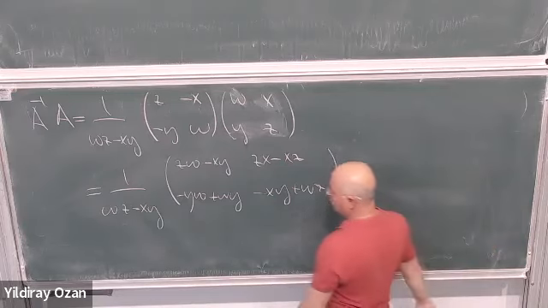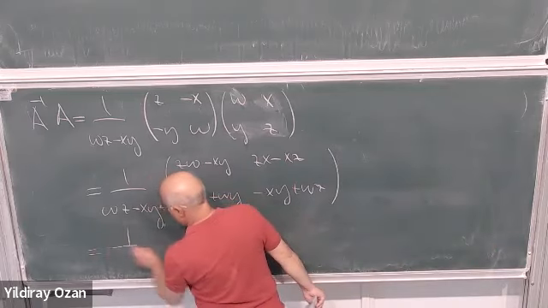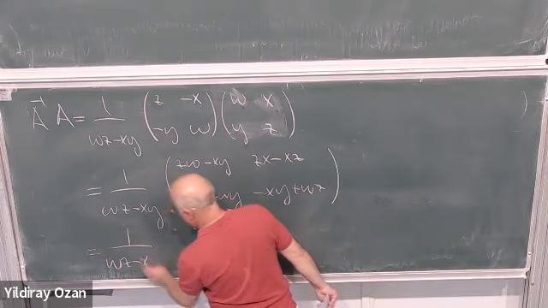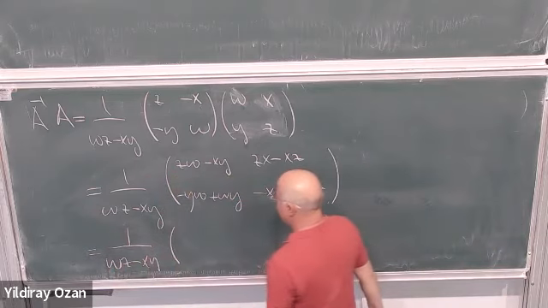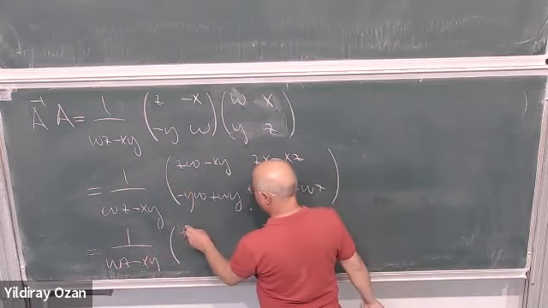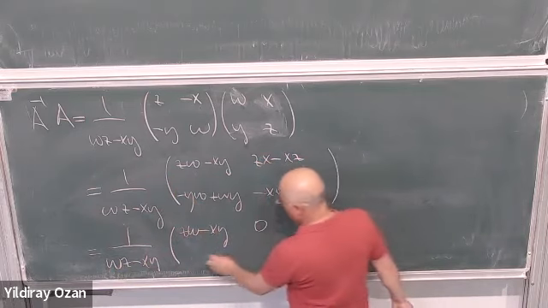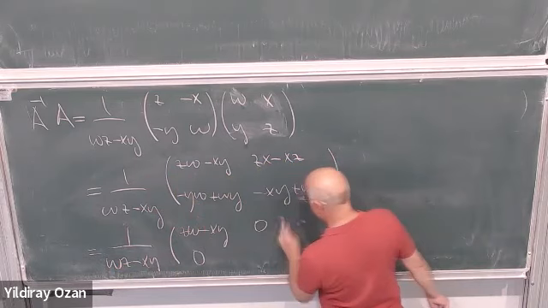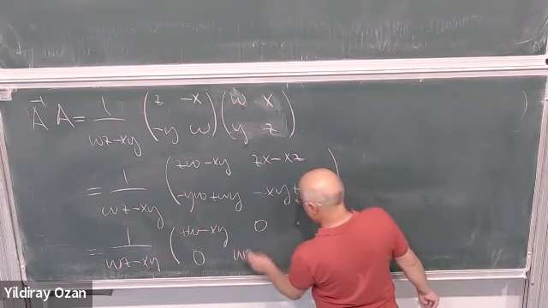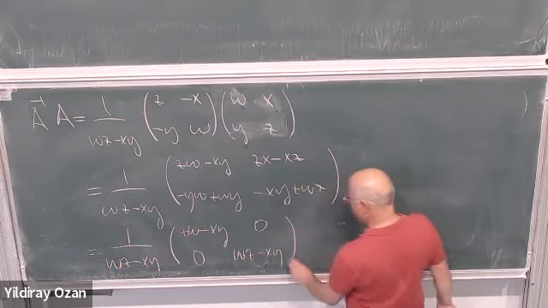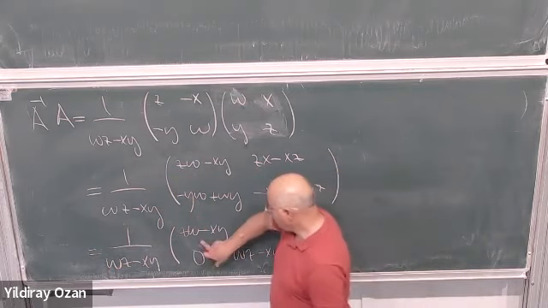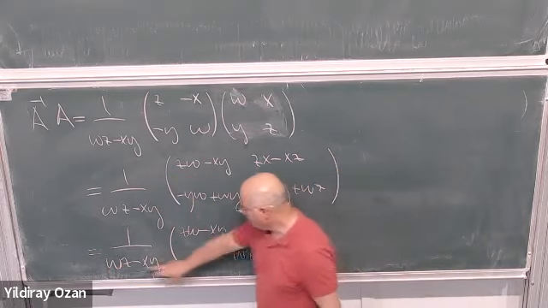Well, this is just ZW minus XY. This is just 0, another 0, and then WZ minus XY. This is the same thing as this one, right?